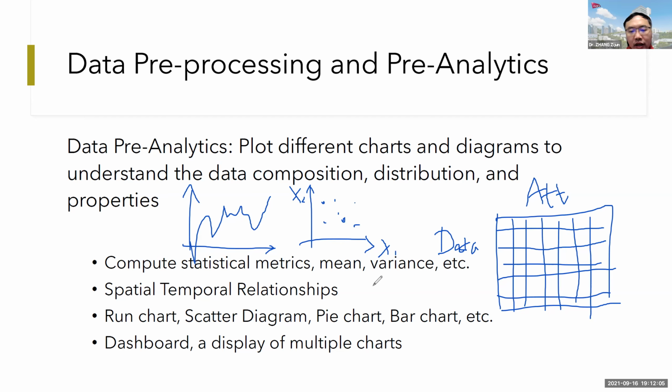And also the pie chart and the bar chart help understand the distribution, or the empirical distribution, of the values of some attributes. And more advanced, if you know Tableau, you can apply the dashboard function in Tableau to display multiple charts together so that you can have a more straightforward look and understanding of how the data looks.